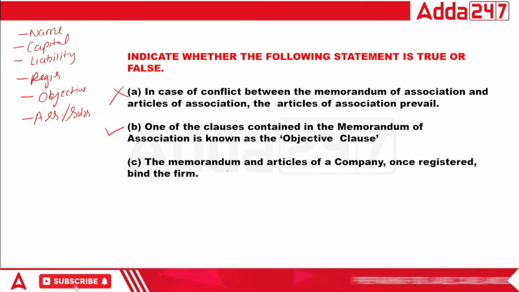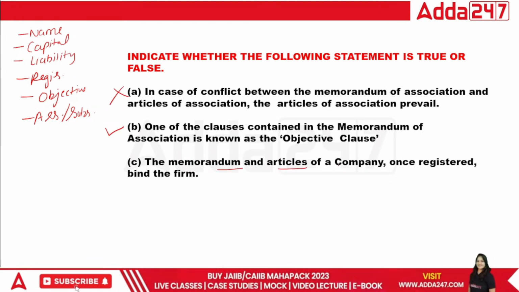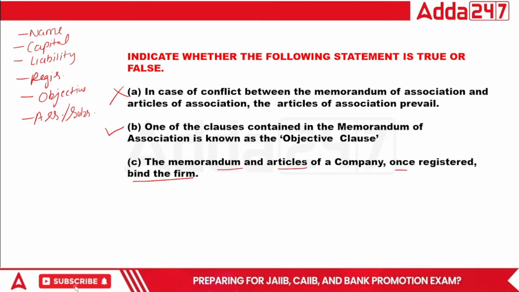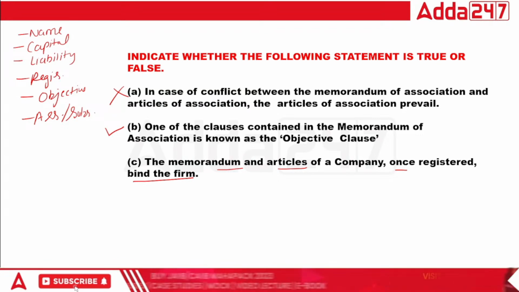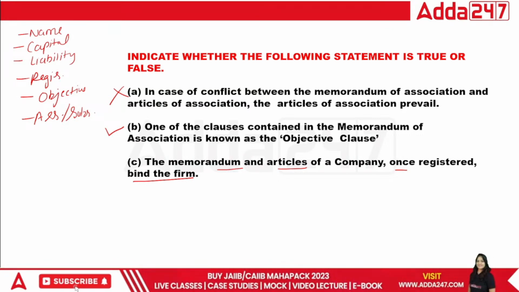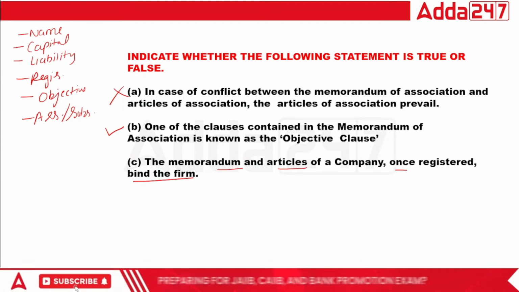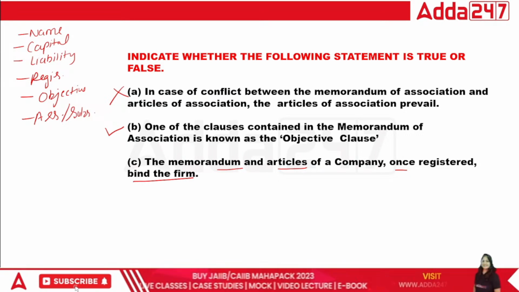Next: the memorandum and articles of a company, once registered, bind the firm. Bind means that they have to do the things which are written in the memorandum and articles of association.